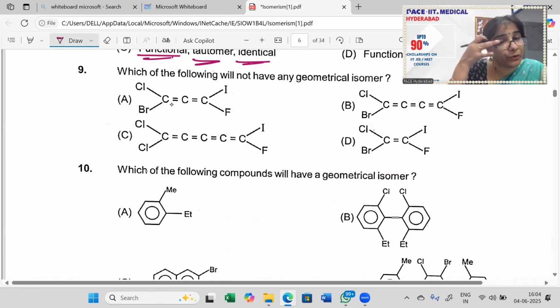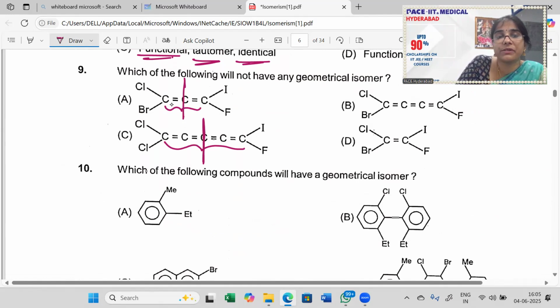All right, next, which of the following do not have geometrical isomerism? Will not have geometrical isomerism. As I said, if you have the symmetric groups, enes will definitely show it, but enes with the symmetric number will not show because you should have a plane of symmetry. Here also see, 1, 2, 3, 4, 5 enes together.